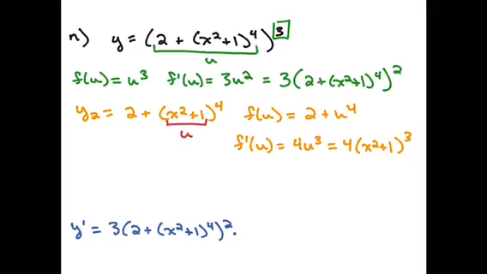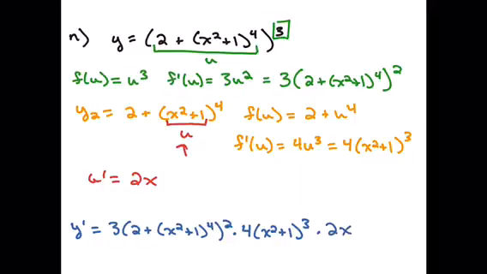So we multiply it by the derivative of our outermost. And finally, we need to take the derivative of our innermost function here, and u prime would be 2x.